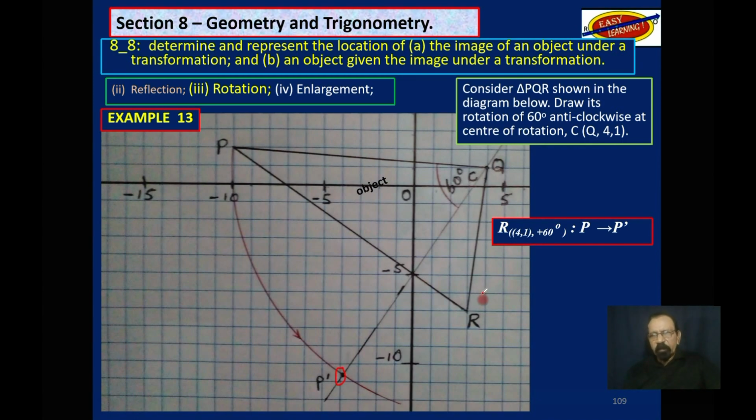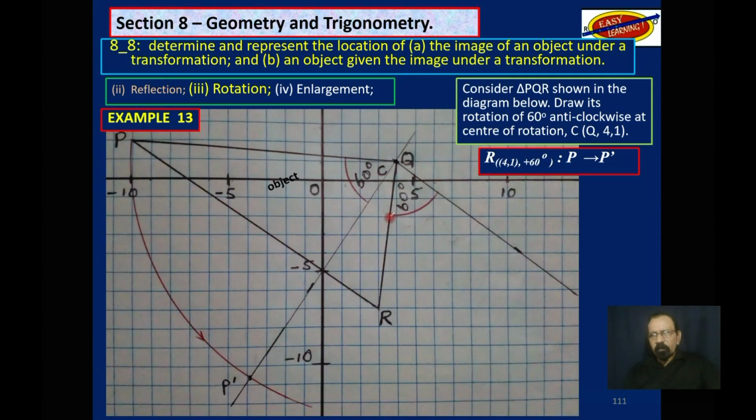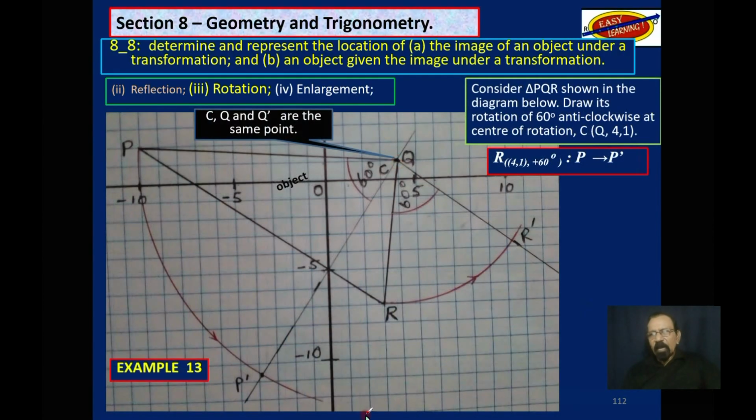Well, we will do the same thing for this R here. From R, going that way, 60 degrees, that is from here to there, 60 degrees, we will draw an arc from here to there, using this as our center of rotation. And at this point, we have P prime and R prime.